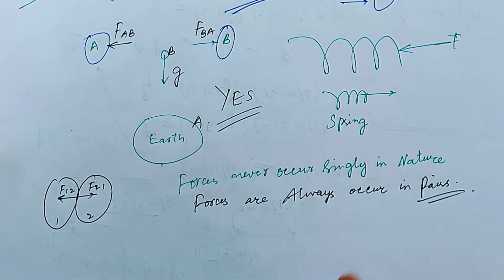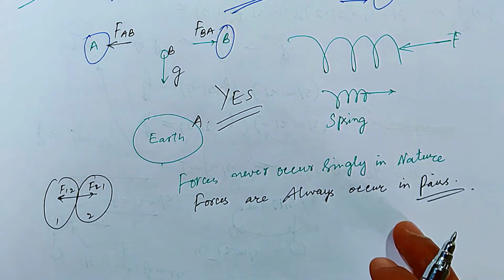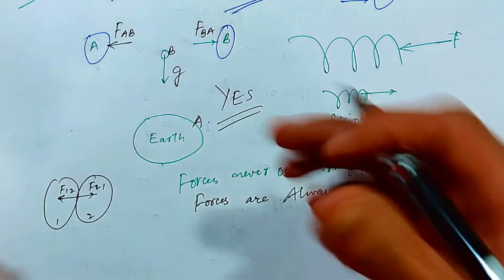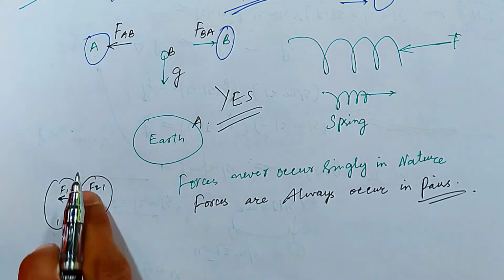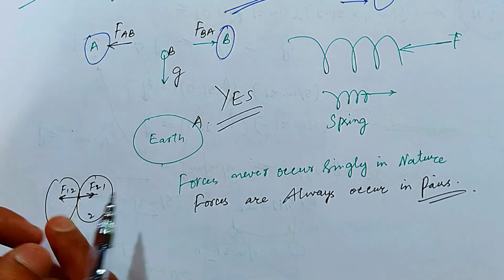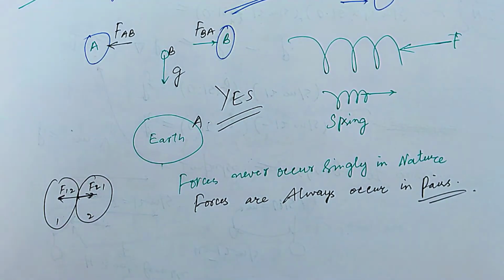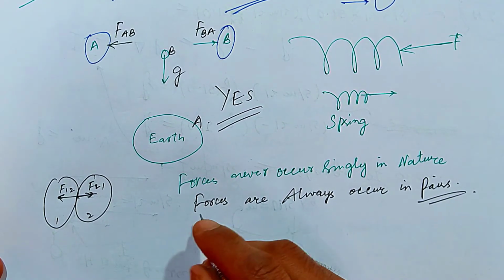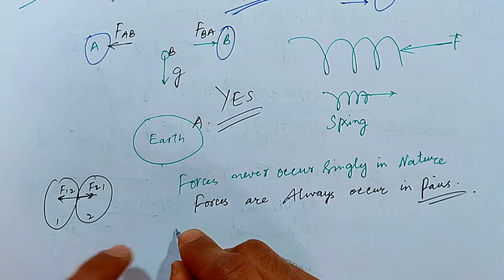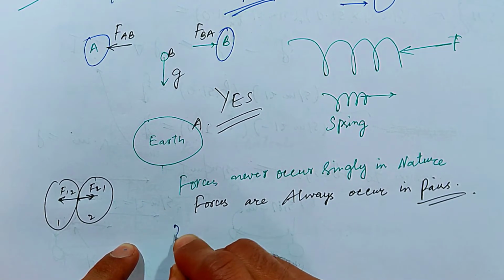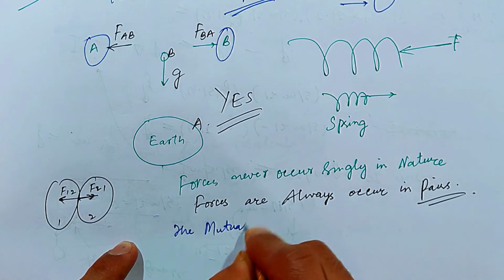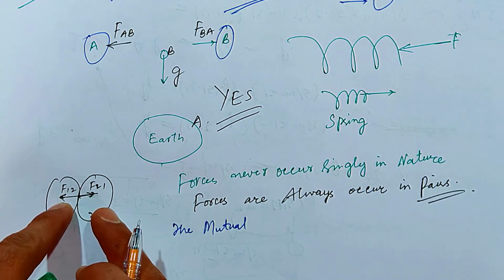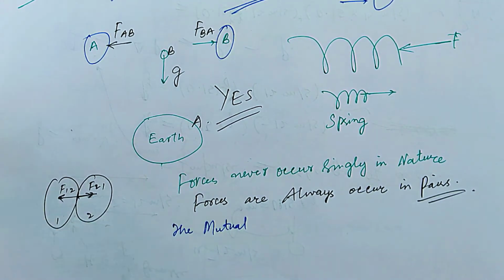Another thing he said is that it's not only in pairs, but there is a generation of an equal amount of force, but in the opposite direction. If this force is applied onto this in this direction, then the same force will be exerted back, but in the opposite direction. So there are mutual forces between the two bodies, because this same force is applied by this body onto this, and in turn this will act in a similar fashion.